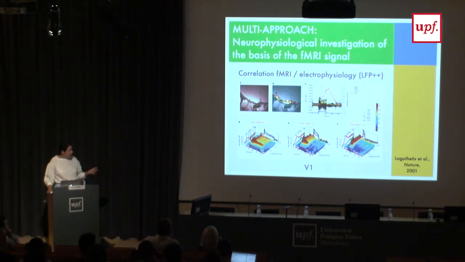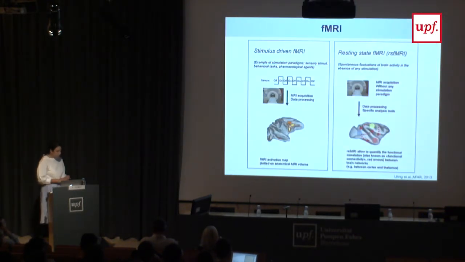He showed the monkeys visual stimuli and could activate the visual cortex using fMRI, and at the same time he did invasive electrophysiological recordings, with local field potentials, showing that this signal is not only a vascular signal but really an electrophysiological signal, and that you have a neural activation of the monkey brain when you present visual stimuli.